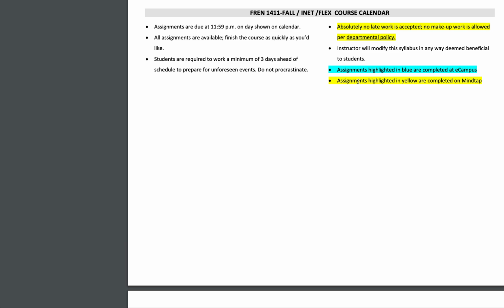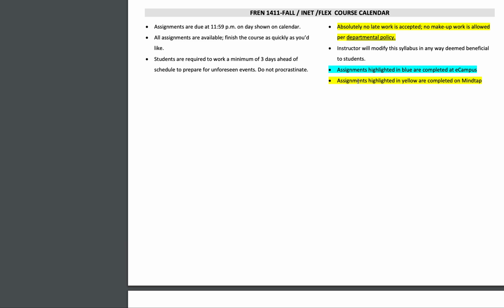I have some deadlines that you must meet, but if you want to work ahead and work very diligently for the next 2 weeks, you can finish a lot of what I have put out there at your own pace. Some information that I want to give you about those assignments and those due dates is: the assignments are due at midnight, okay, on the day that is shown on our calendar.